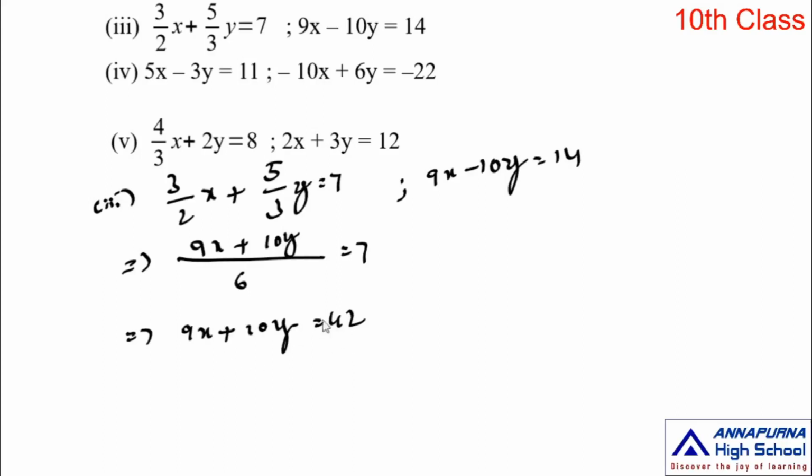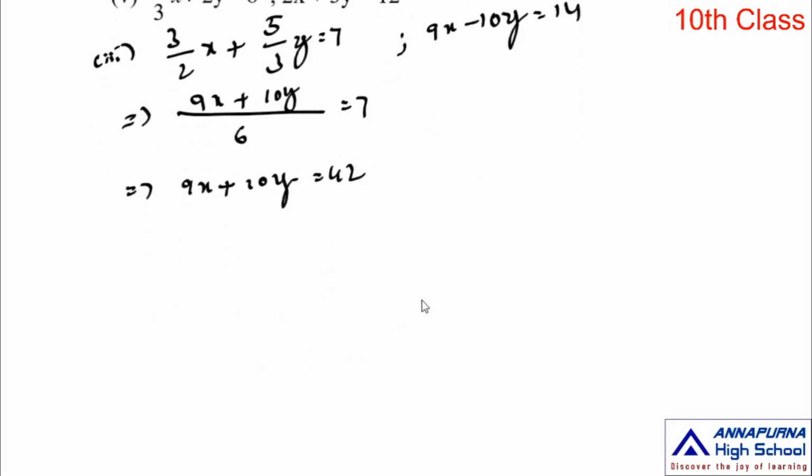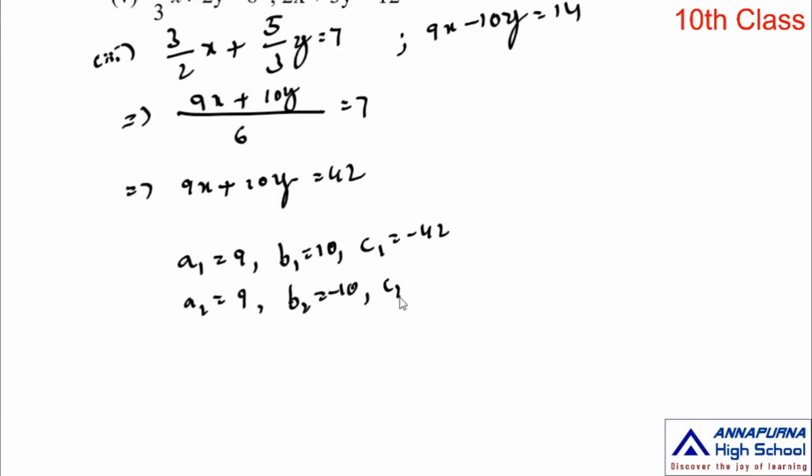Okay, now compare these two equations to the standard form of pair of linear equations. When you compare them, here a1 is equal to 9, b1 is equal to 10 and c1 is equal to minus 42, and a2 is equal to 9, b2 is equal to minus 10 and c2 is equal to minus 14.